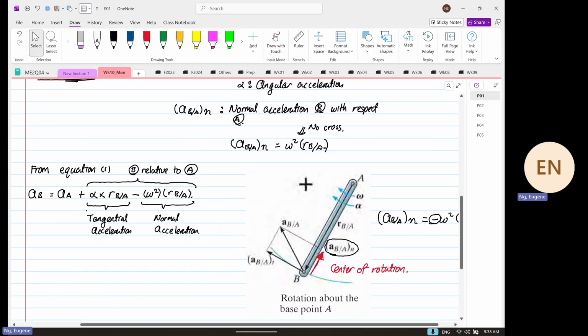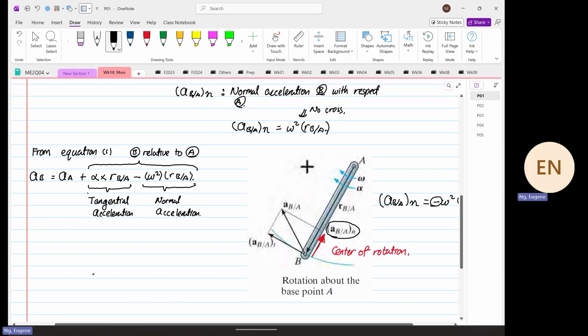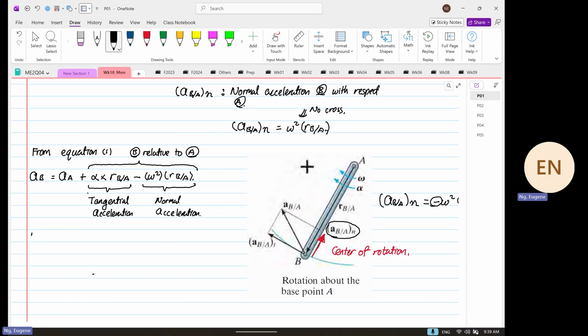Now, a common thing to write down: the acceleration in the normal direction is equal to omega squared r, which you have seen before. Again, this is relative to the center of rotation, and I always want to highlight that.